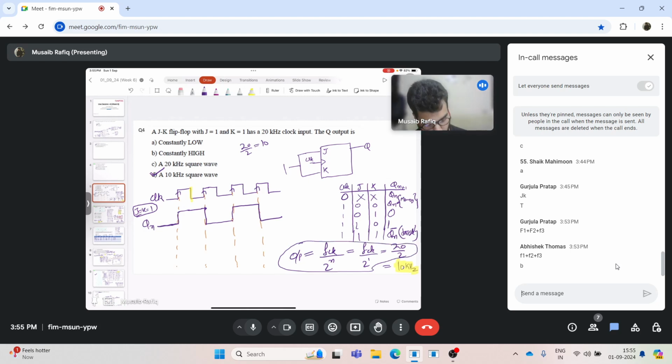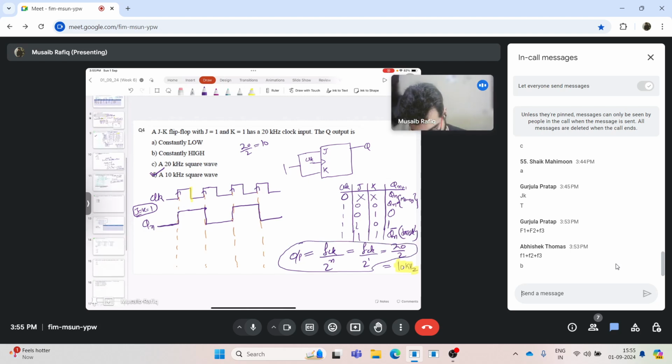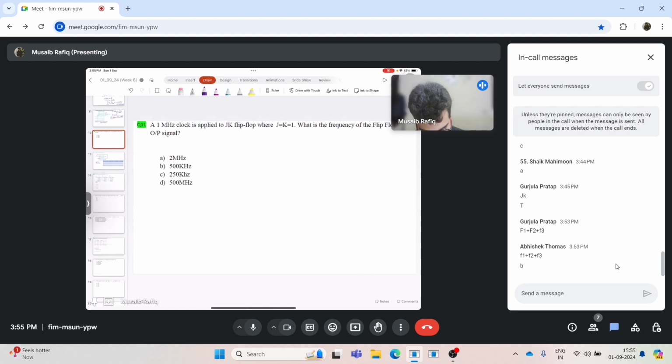So f output is equal to f clock by 2. F clock is 1 megahertz divided by 2 equal to 0.5 megahertz, that is equal to 500 kilohertz. That is option B, as rightly pointed out.